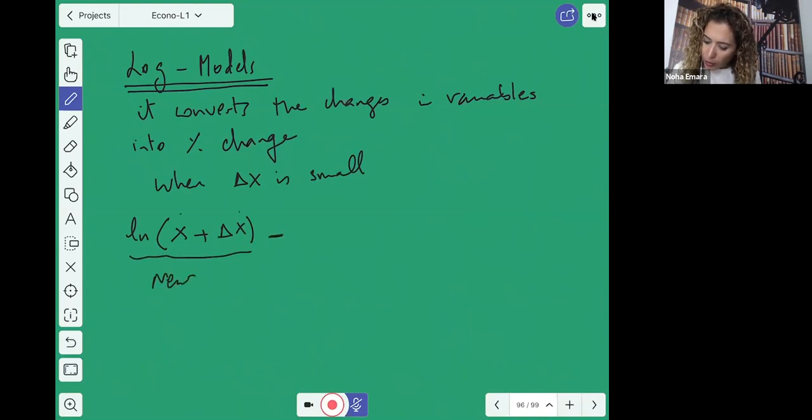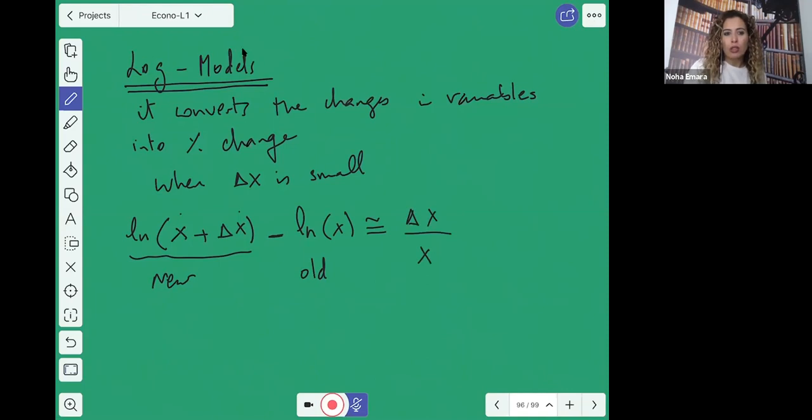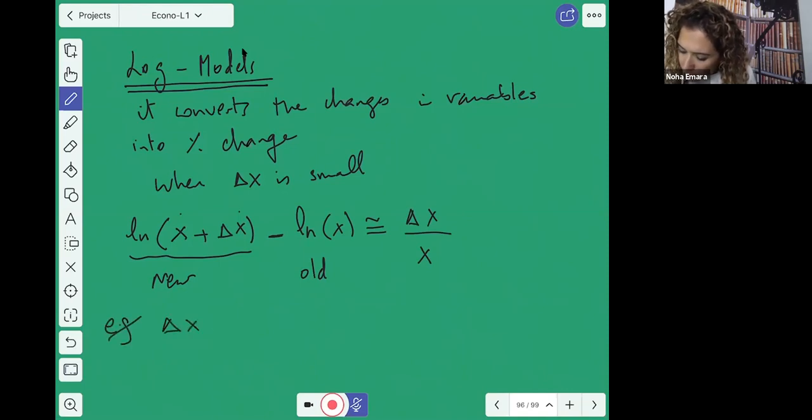If I subtract it from the old value of x, then I will get the approximation to a percentage change. Okay, so you can even try this on a calculator and just plug in some numbers. Say the change in x is equal to 5 units, and suppose that the original value was 100.